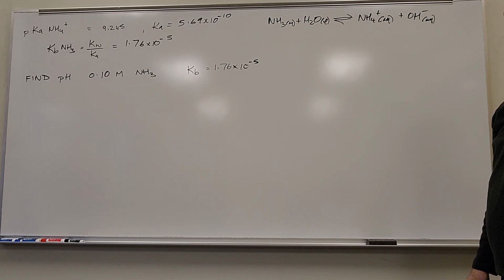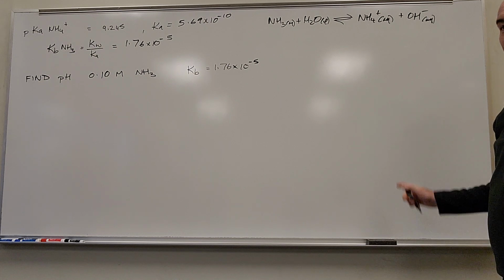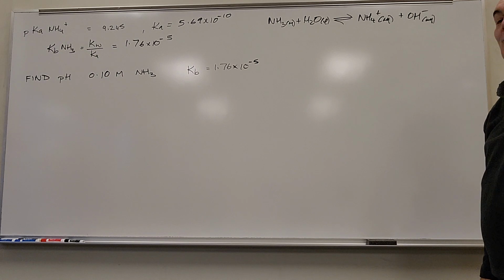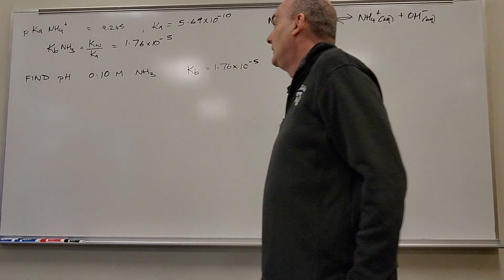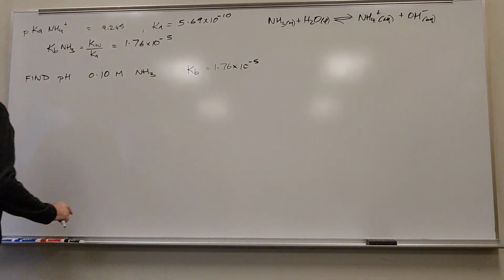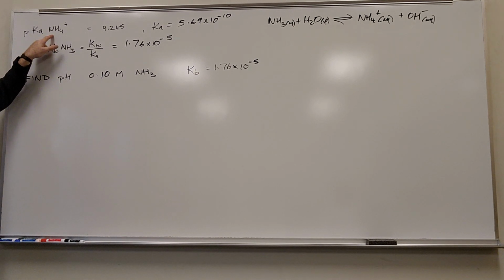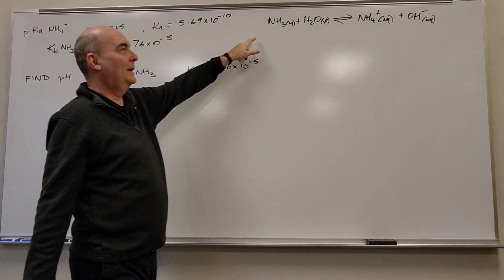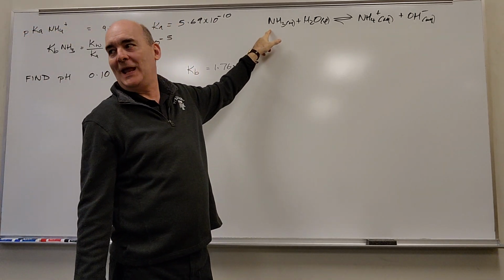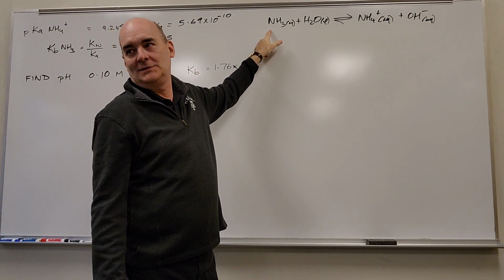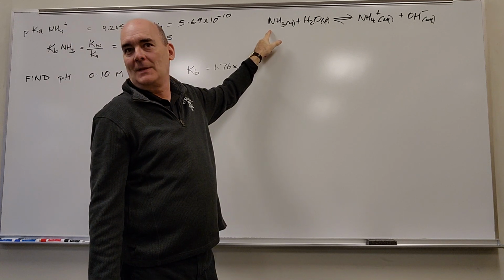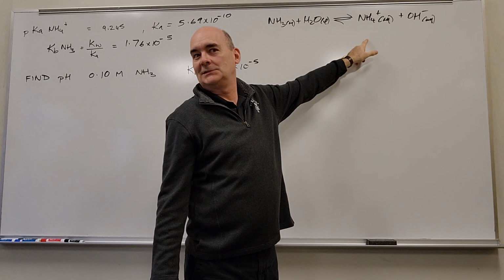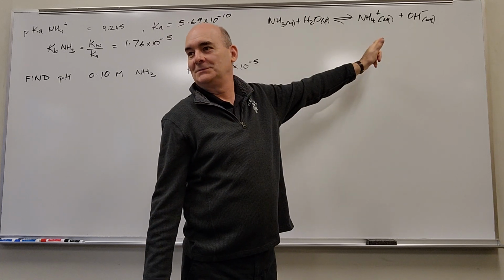I can think of 4 ways of answering this question. One of which would be not progressing past this point. Once I know that they're asking about ammonia and there's no Ka for ammonia because it's a Kb, finding the Ka of that and just answering the question backwards.